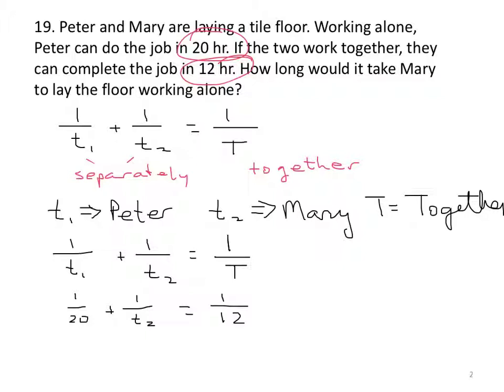Alright, if we can find the least common denominator, we can make the fractions go away, and I know you guys are all in favor of that. So the least common denominator: well, we have 12, and we have T2, and we have 20. Remember, break it down to primes.